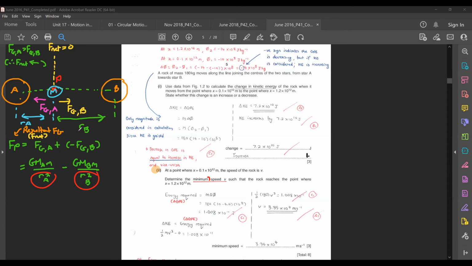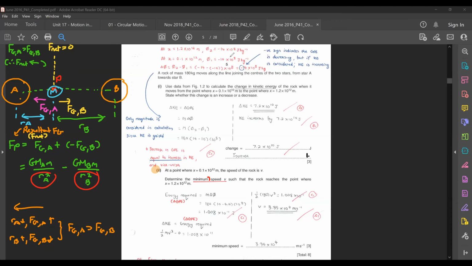So, say for example, when you go more towards the left, your RA would drop, so your FGA would increase. But your RB would increase so that your FGB would drop. So you see, in your case here, if you go towards the left, because FGA is increasing while FGB is decreasing, you will eventually come to the conclusion that FGA is more than FGB.